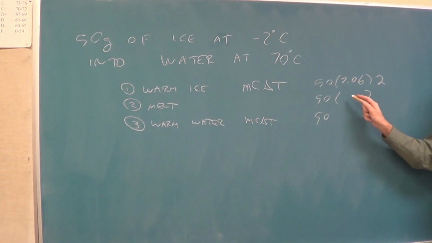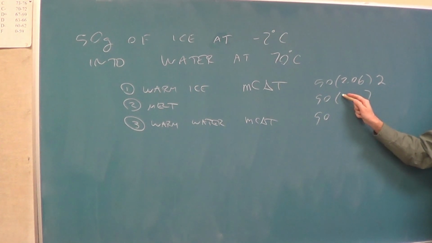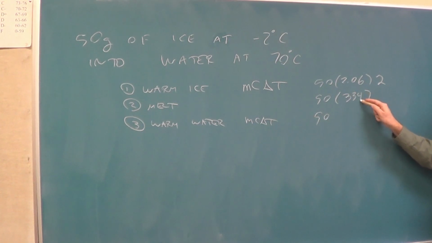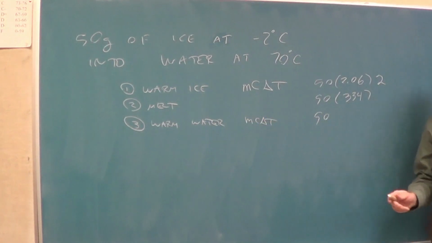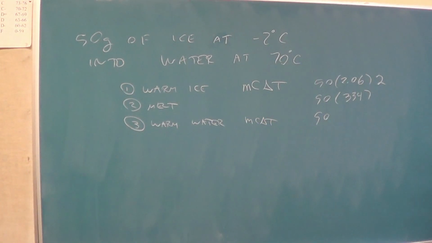What was the melt freeze number? .260 or 334? 334. Since we're dealing with ice, ice is a solid, solid's the fusions. We're going to use the fusion number for anything involving ice.